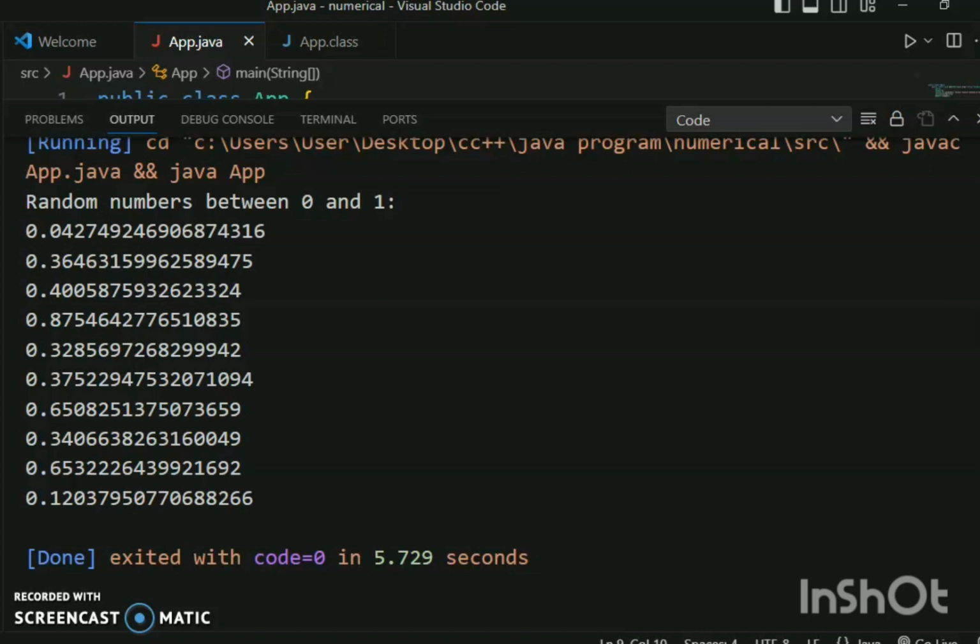Okay, so now we will discuss trigonometrical functions. Suppose I have to find out the 60-degree cos value.